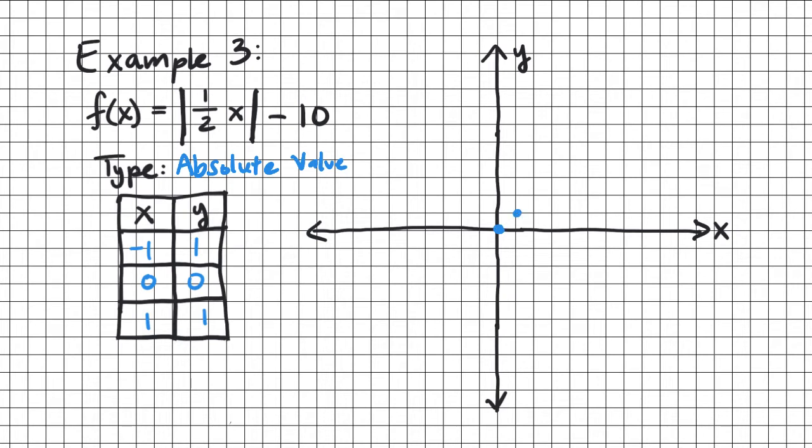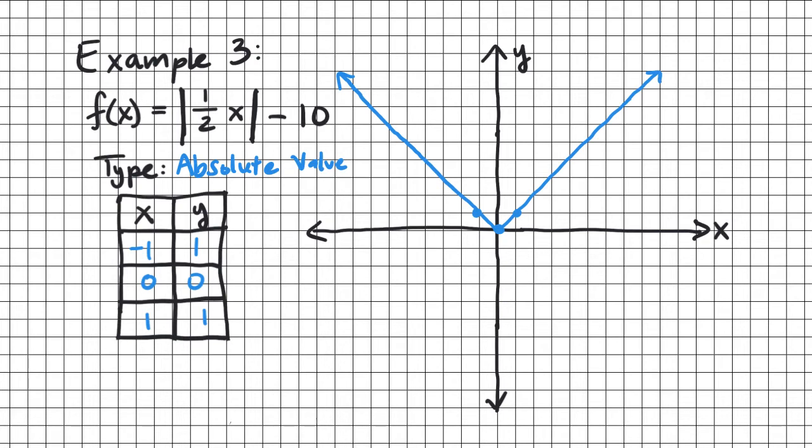And remembering that the absolute value has this V shape, right? I'm going to try and make it symmetrical. There we go. That's good.